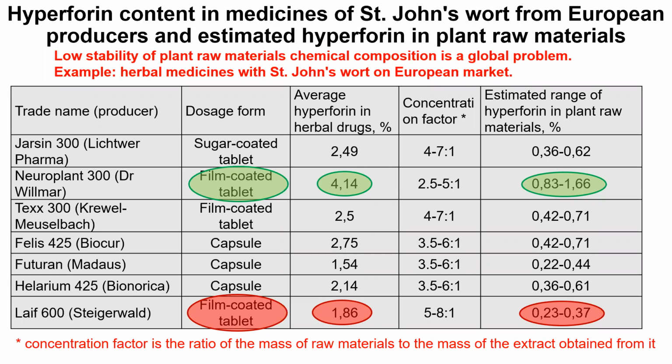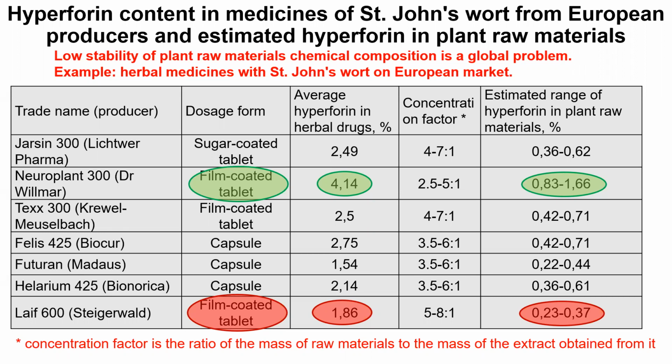The existing standards of collecting and processing herbal raw materials and manufacturing herbal medicines don't fully ensure their composition stability and effectiveness. Therefore, the environmental impact needs increased attention, including improving environmental knowledge among specialists.